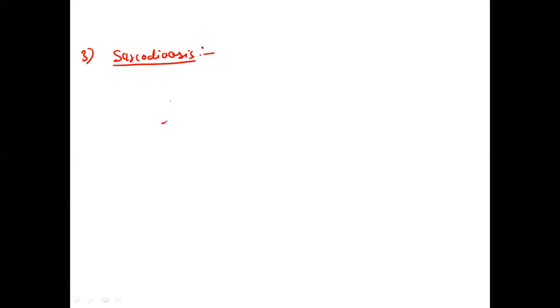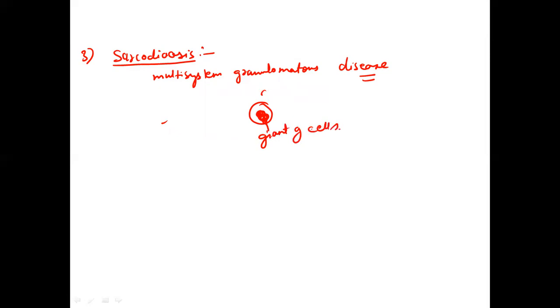Sarcoidosis is a multi-system granulomatous disease, which means there is granuloma formation which has giant cells, giant granulomatous cells surrounded by epithelial lining, right? Surrounded by epithelial lining.